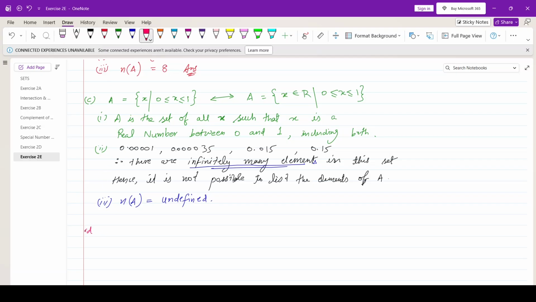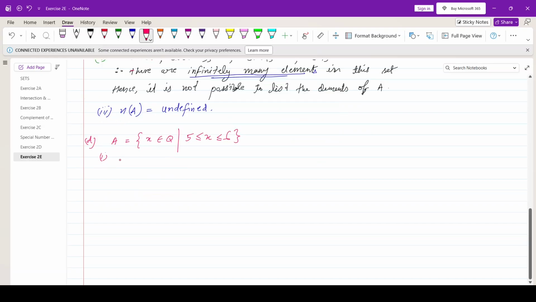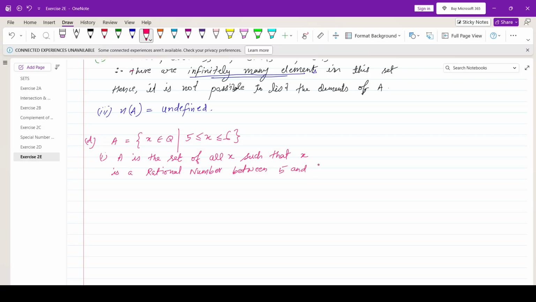Now, part D, the meaning of this interval notation is A is the set of all x such that x is a rational number between 5 and 6, including both.